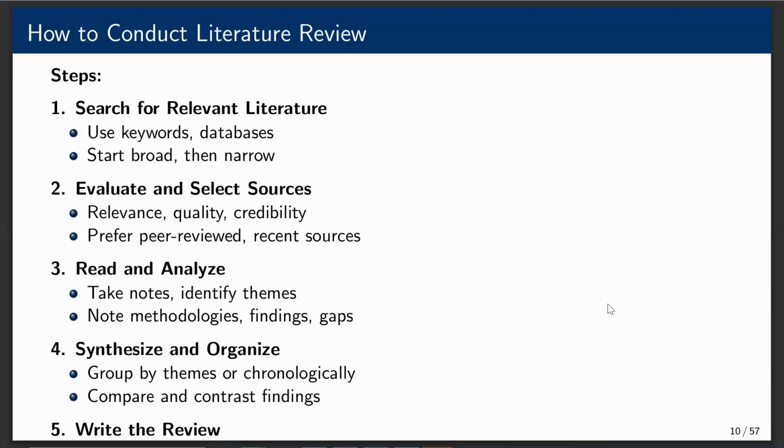Then we have to identify the proper keywords also. You will see keywords are the most important strategy to search appropriate literature. There are various databases from where you can identify the relevant literature.